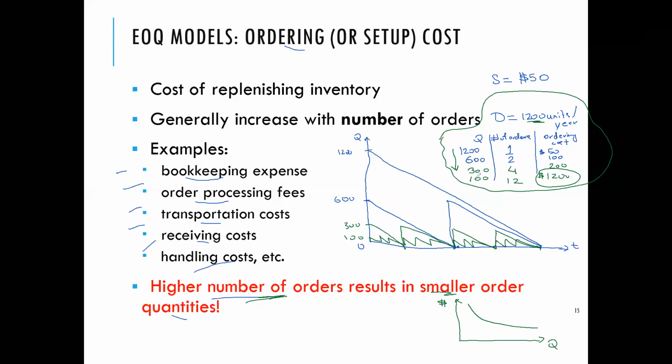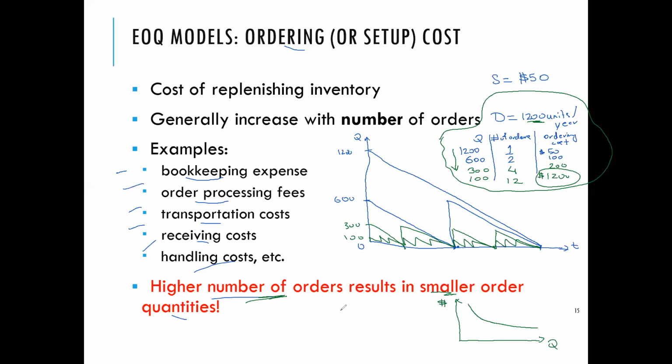So as you can see over here, ordering quantity is going up from 0 to 1200, but cost is going down. Or vice versa, when ordering cost goes up, order quantity goes down. So the relationship between ordering cost and ordering quantity is what we call an inversely proportional relationship.